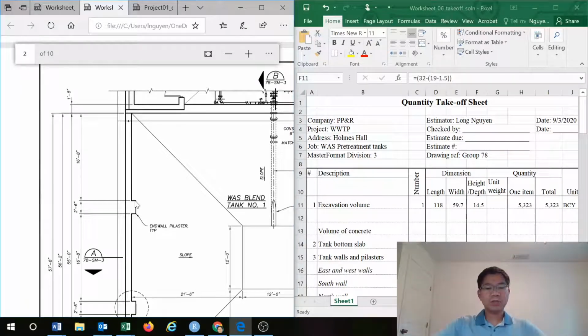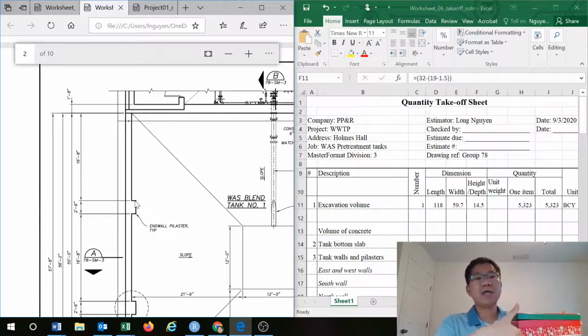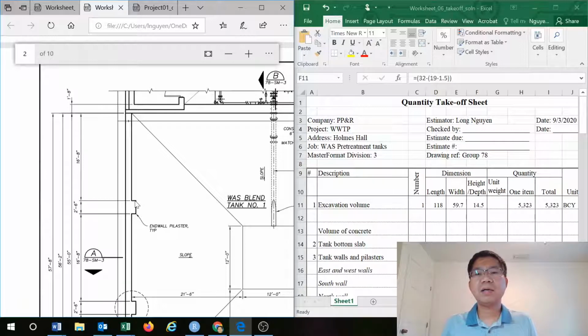You excavate, so you need to find the width and the length and apply the modified average end area method. Remember, L over 3 times A1 plus A2 plus the square root of A1 times A2. That is the modified average end area for a prismoidal shape. We need to find the area at the bottom, the area at the top, and the depth of the excavation so we can use that equation.